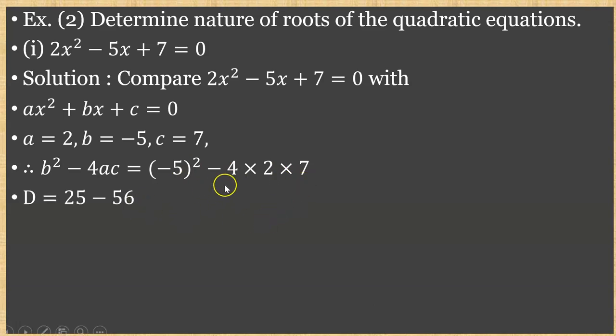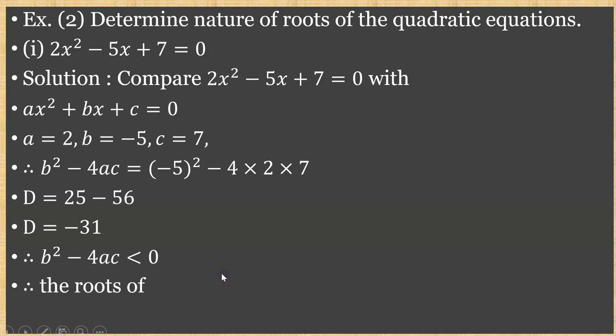Here you will get 25 and the product 4 into 2 is 8, into 7, that is 56, and the difference is minus 31. b square minus 4ac is negative, and therefore the roots of the equation are not real.